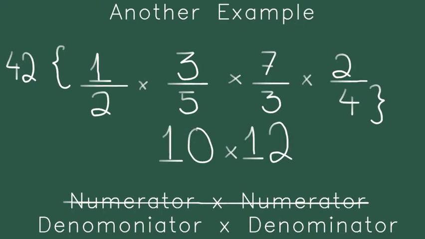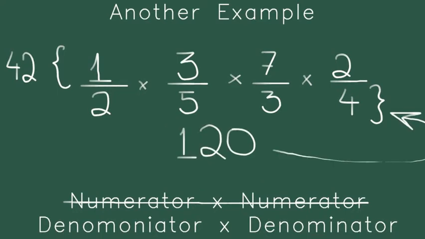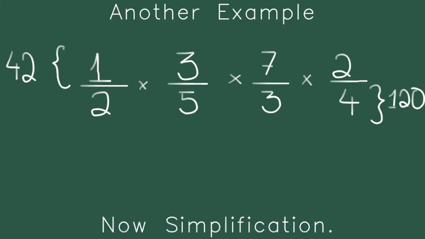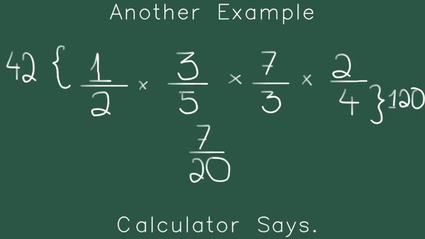Now 10 times 12 is equal to 120, and then we put the answer over on the denominator side.